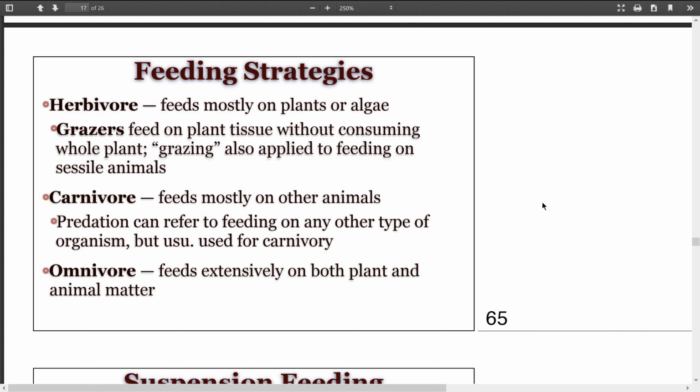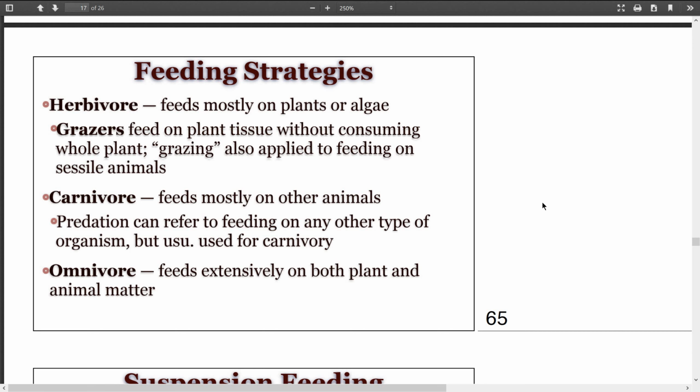All right. And so now let's look at a little bit about what organisms eat and their basic strategies. So the basic feeding strategies include herbivore, where you feed on plants or algae. So that's an herbivore as opposed to a carnivore, which feeds on other animals, and omnivore, which eats a variety of different plant and animal matter.